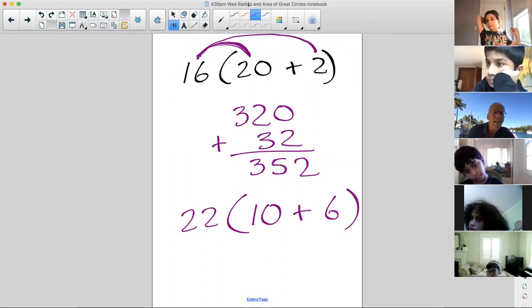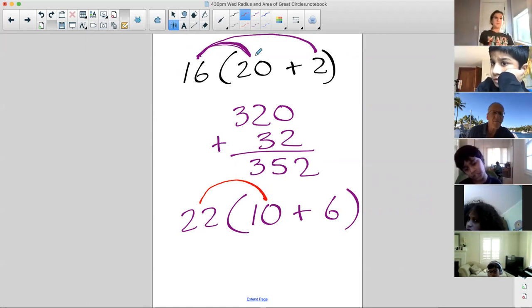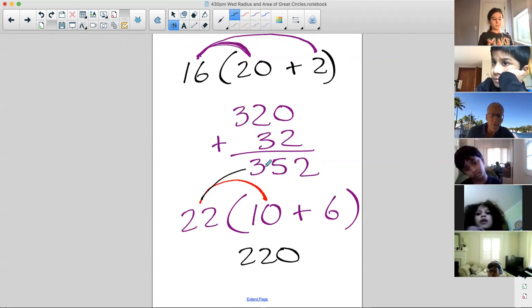Now, what about 22 times 16? Partition. Now we can do 22 times 10 is? 220. And 22 times 6 is? Think 20 times 6 and 2 times 6.